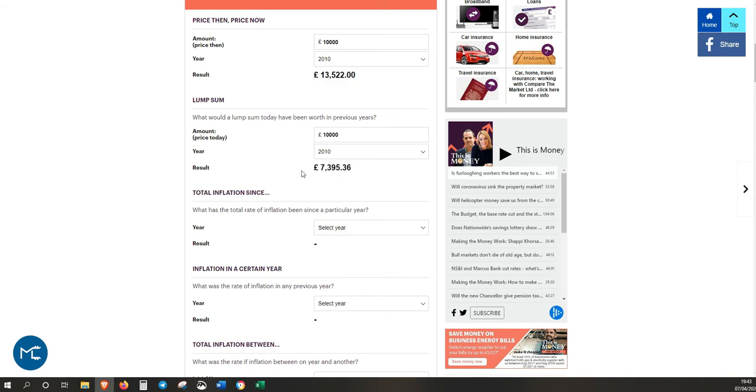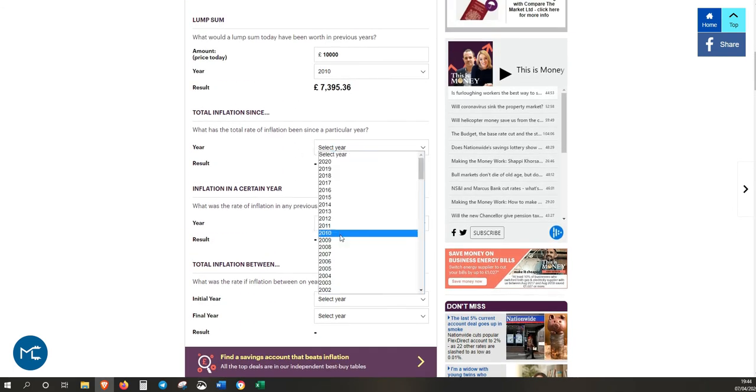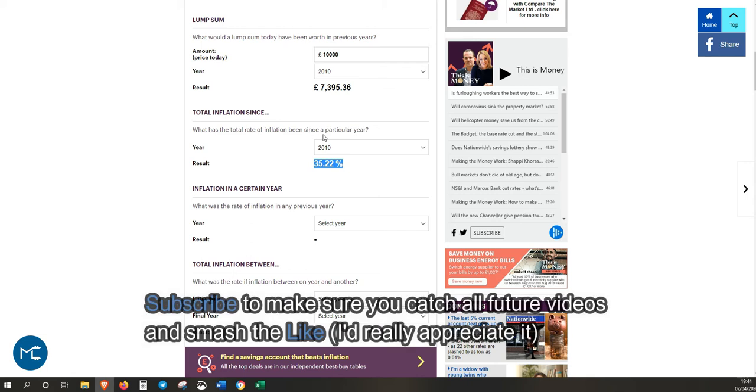Why has your money decreased in value, right? And that is because, as you can see, the rate of inflation since 2010 in total was 35%. To help you understand what that means: as central banks like to do quantitative easing and increase the supply of money, the value of your money decreases.